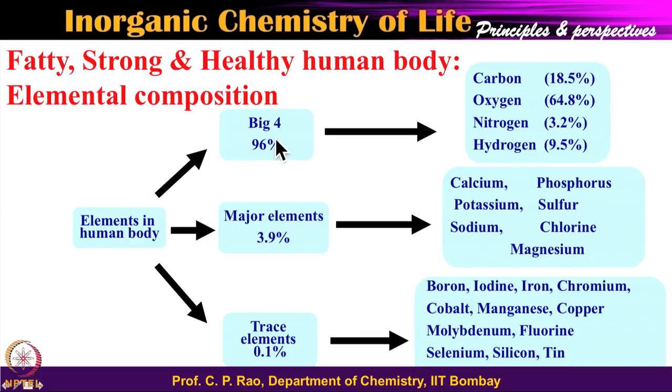But here, after adding 96 plus 3.9, 99.9, I would still say this is just a skeleton with some fat, but nothing more than that, no life in it. So, if I want to add life to this, I have to add trace elements, this 0.1%.